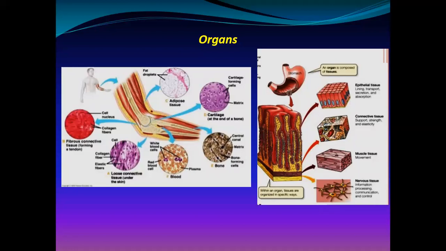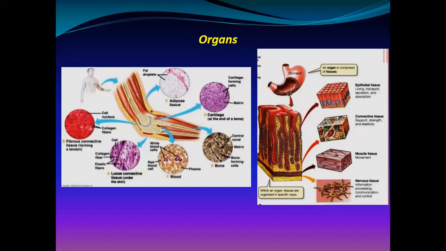A simple example: if you look at our upper arm, right? There are various tissues located in it. You can see there is fibrous connective tissue forming the tendon, right? The tendons connect the bones and the muscles.